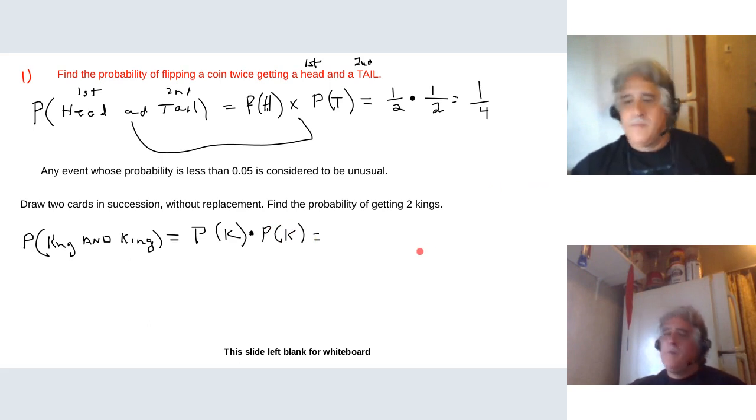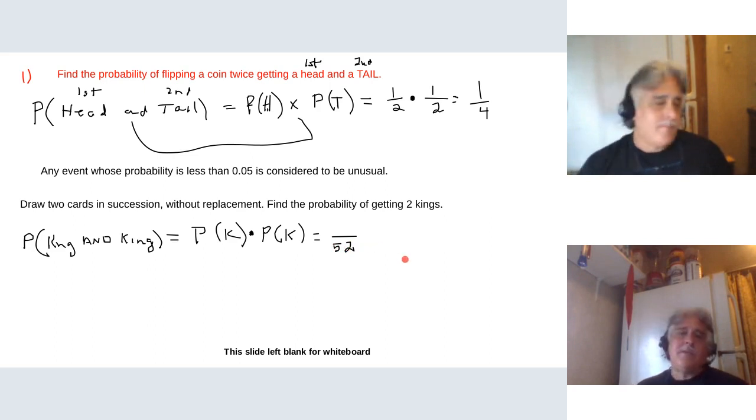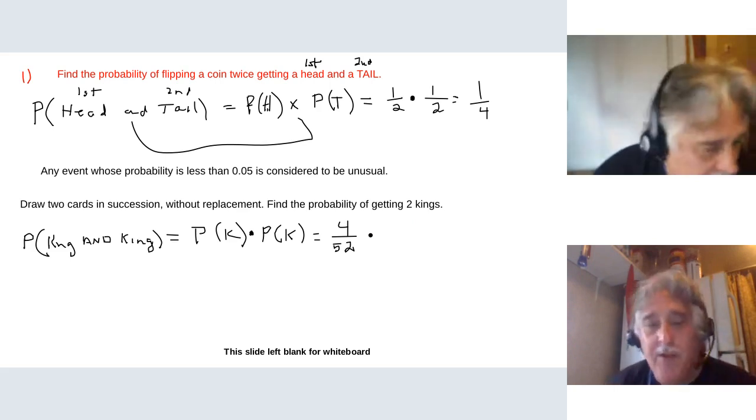Now, remember back to the deck of cards. So there's 52 cards, and out of that deck, there's 4 kings. Now, if we want a second king, then we have to have gotten a king on the first pick.